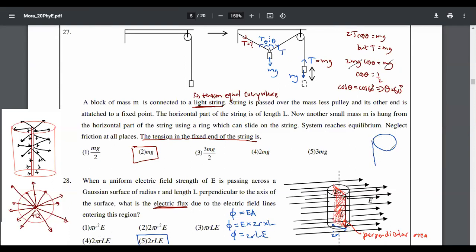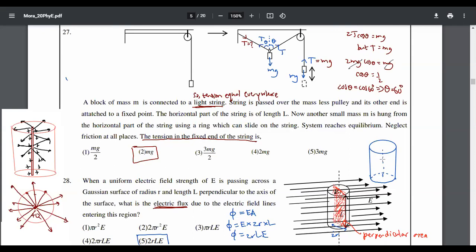And when can we use that area? That's the question we have now. So let's draw a cylinder. Imagine a situation like this. If you want to get this as the answer, what is the condition? The electric field lines should go this way, perpendicular to the curved area.